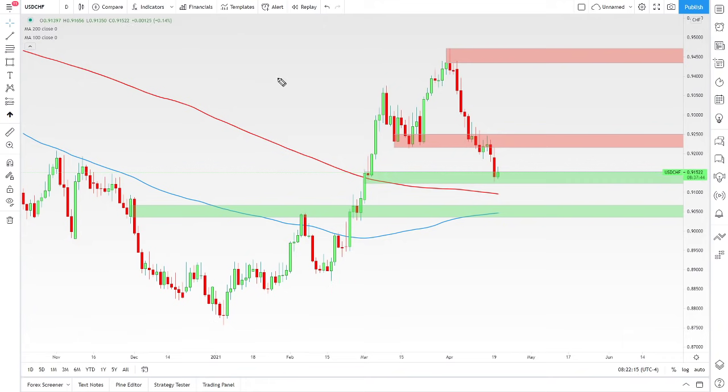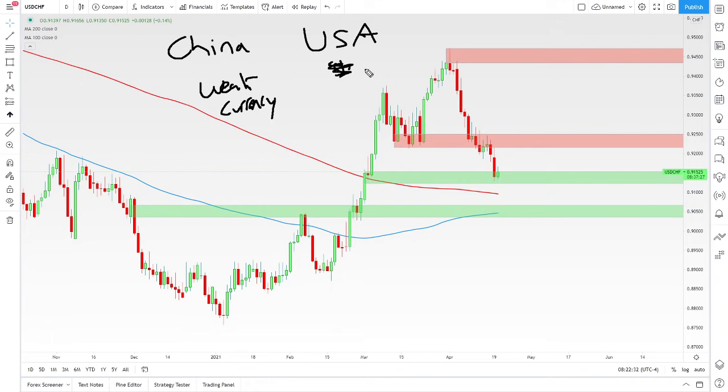With a weak currency, it allows them to, here's China, and here's the US. If they have a weak currency, and then you have a strong, or let's say expensive currency, right?